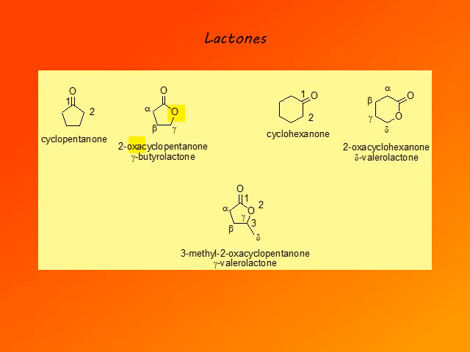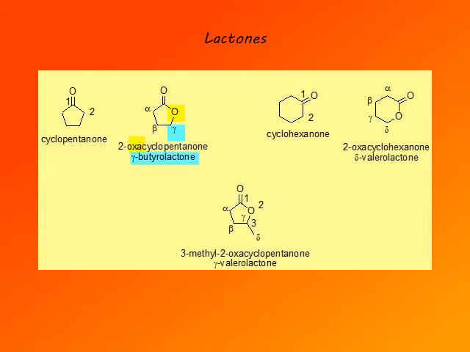In this case, of course, all the carbon atoms are part of the ring, so that really doesn't matter. So for 4 carbon atoms, that means butyric acid. We drop final -ic and use suffix -olactone. So this becomes butyrolactone. And now we need to indicate where oxygen atom is attached. It is attached to gamma carbon of the chain. So this becomes gamma butyrolactone.